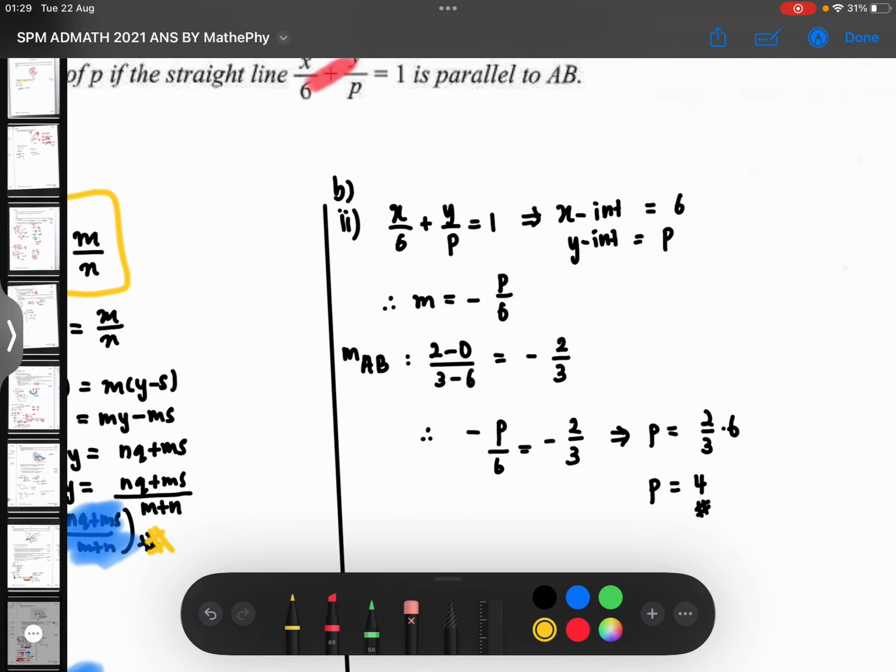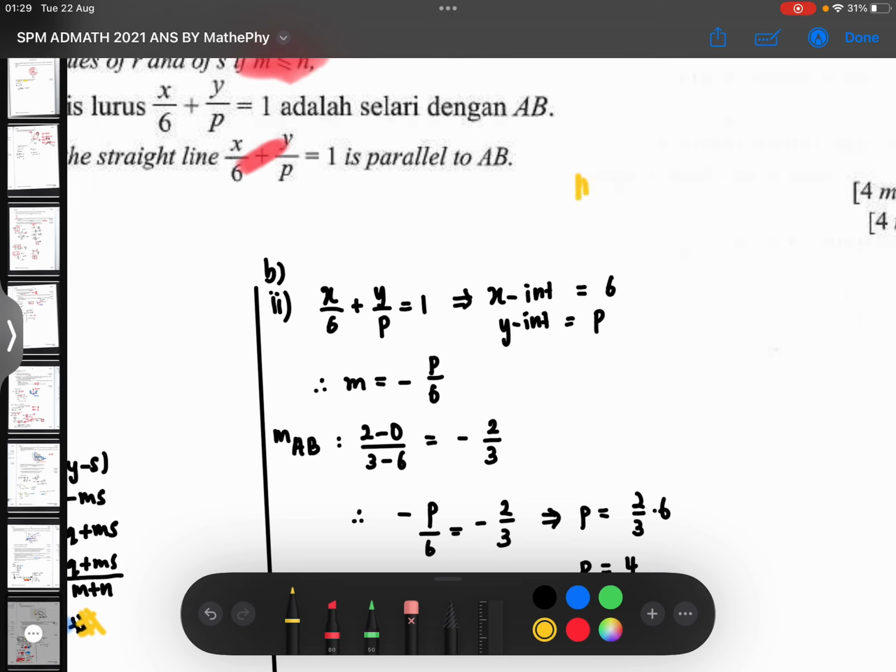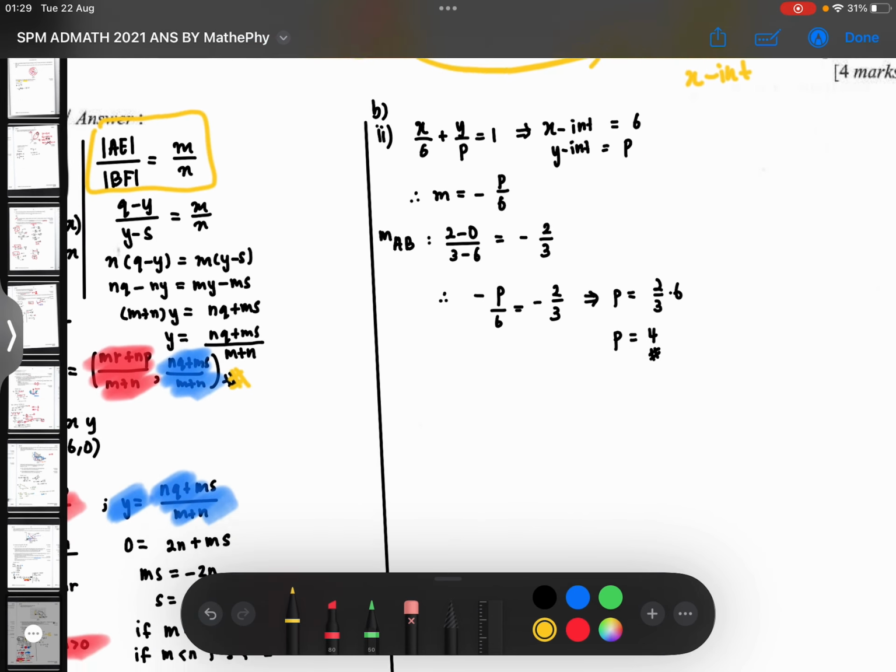And the formula for this is M equals to minus y intercept divided by x intercept. Don't forget the minus sign. Okay, so this is only for this formula of the straight line.